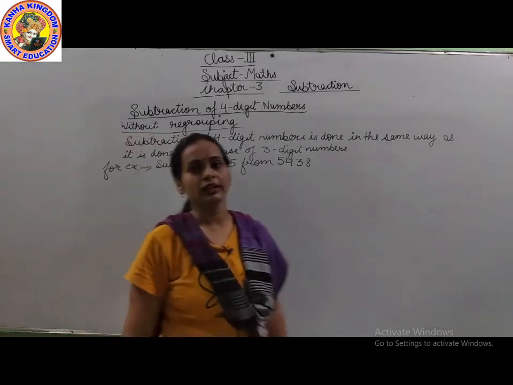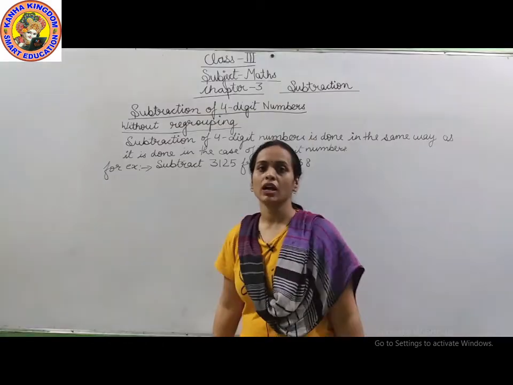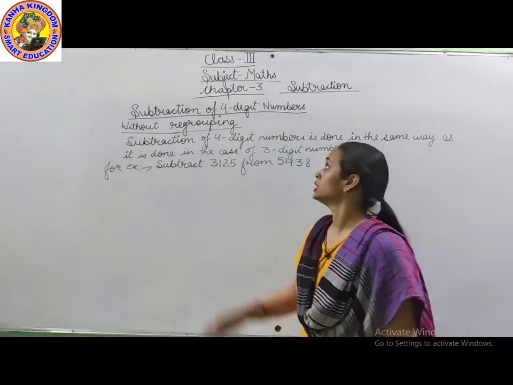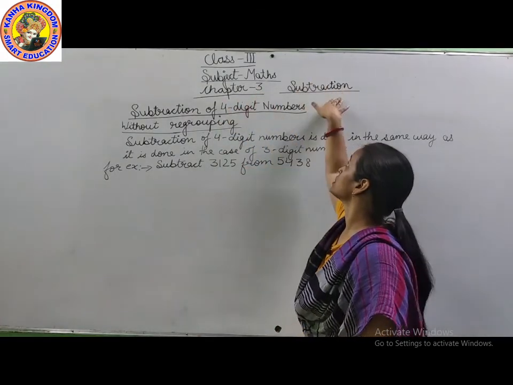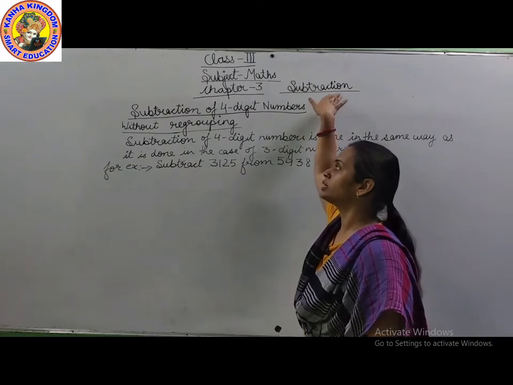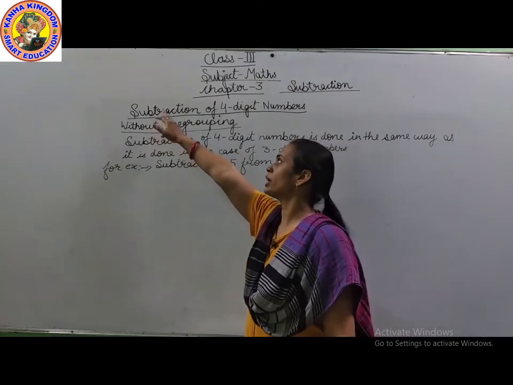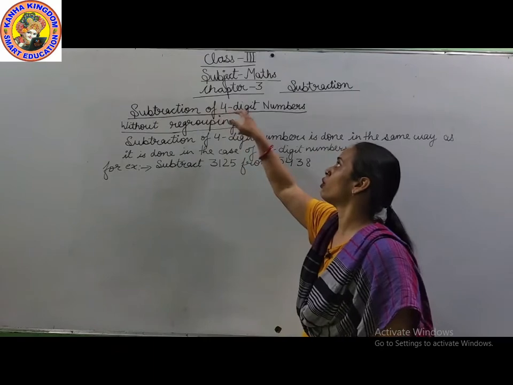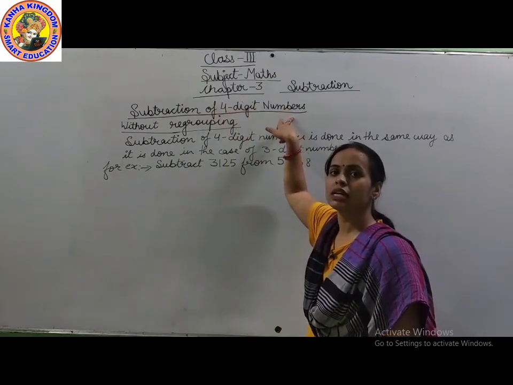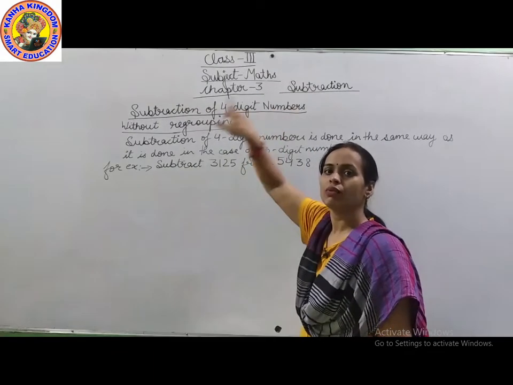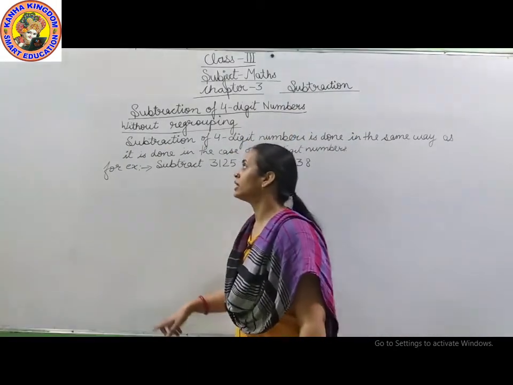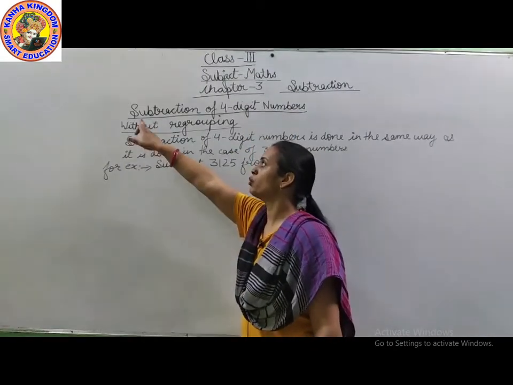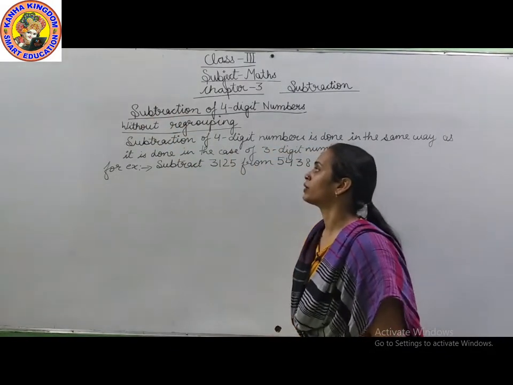Good morning students. Today we start our new chapter, Chapter 3. Chapter name: Subtraction. In subtraction, our first topic is subtraction of 4-digit numbers. In 4-digit numbers, first is without regrouping.